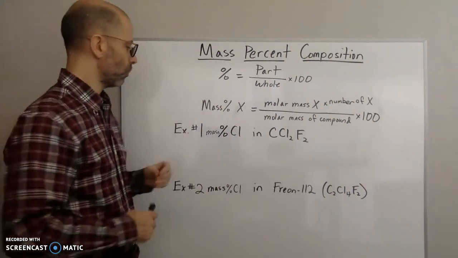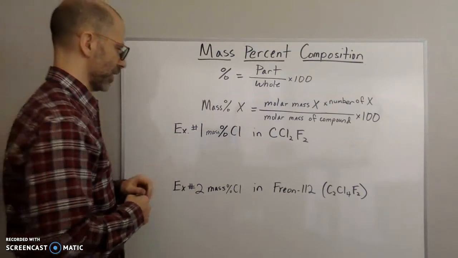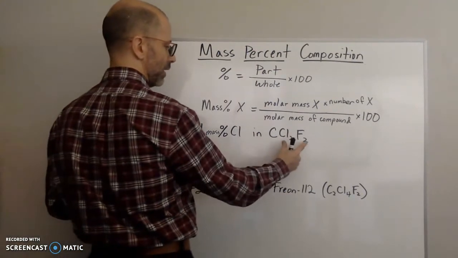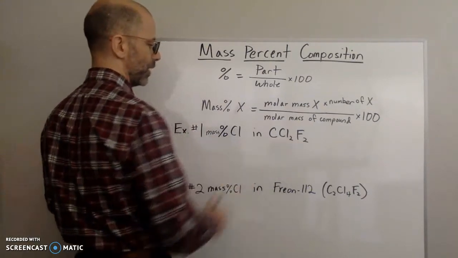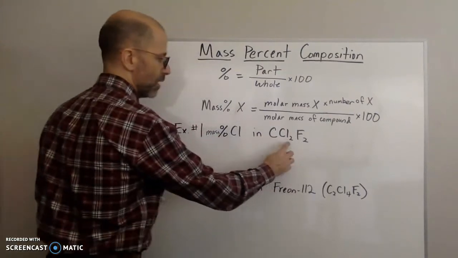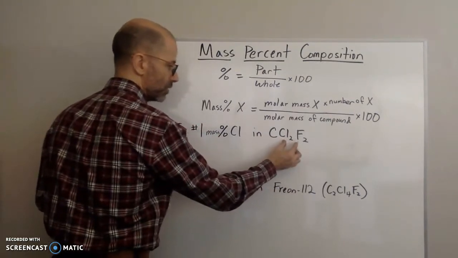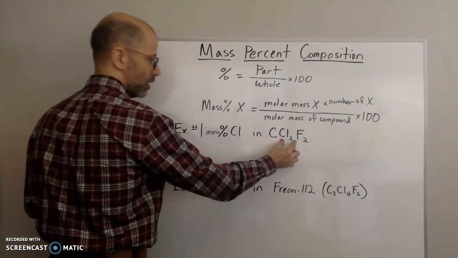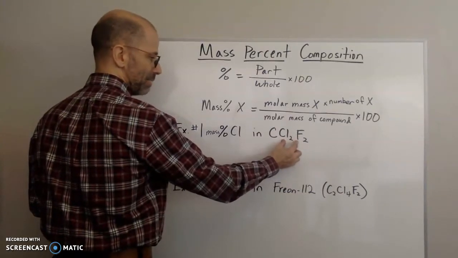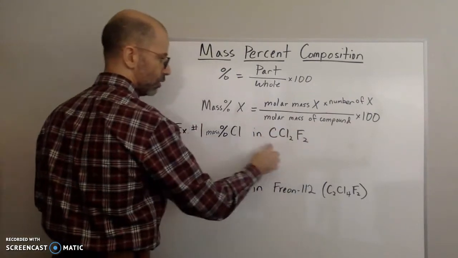Okay, so how do I find the mass percent? In this problem, I want to find the mass percent of chlorine in this molecule here. So the first thing I need to know is how much of this is in my overall formula.